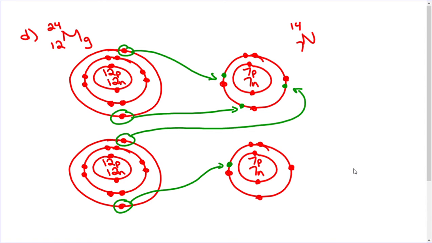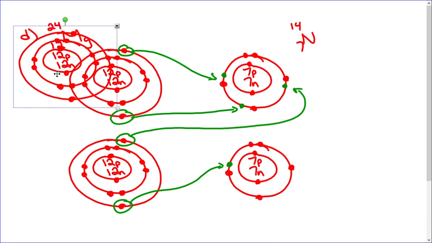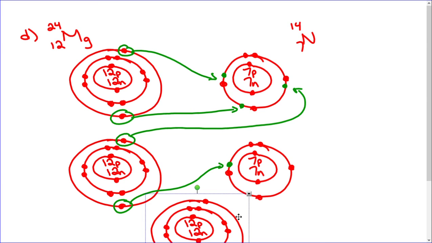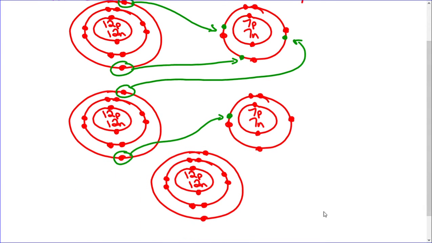It tells me that I'm going to need an extra magnesium. So let's copy 1 more magnesium in. And then when I copy that last magnesium in, what I can see is that finally this thing balances out, right? Electron goes here and balances, electron goes here and balances, and nitrogen itself now is completely empty in both of them, and my magnesium is completely emptied down to the second energy level where it's full, so it's stable, and actually looks like neon.